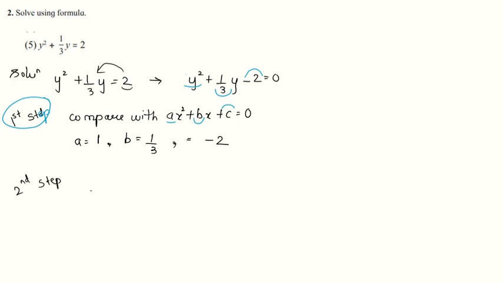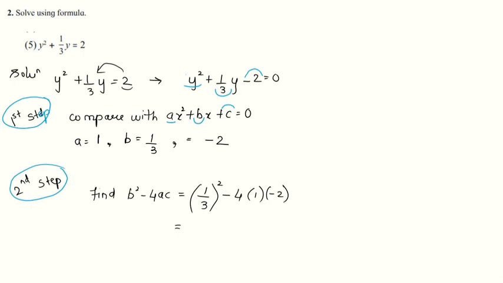find the value of b square minus 4ac. What is b? 1 upon 3 whole square minus 4 into a is 1 and c is minus 2. 1 into 1 is 1, 3 square is 9, minus 4 into minus 2: minus into minus is plus, 4 into 2 is 8.